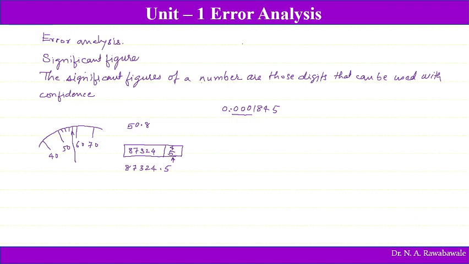Beyond that, there is no use of these zeros. So here, this value is written up to 4 significant figures. If we write this value as 0.0001845, then also this result is written with 4 significant figures.